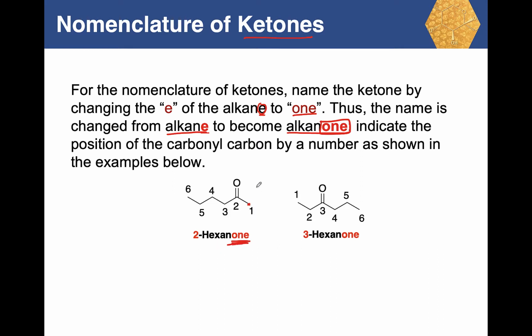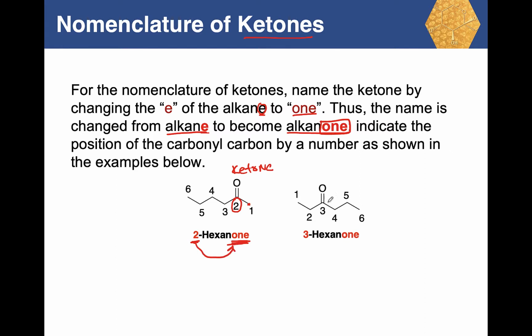ONE, to indicate that it's a ketone. Since the carbonyl of the ketone can be on any of these carbons because it's internal, we'll have to indicate the location of this. For this molecule, it's on carbon number 2, so we put a 2 here to indicate the position of this one.